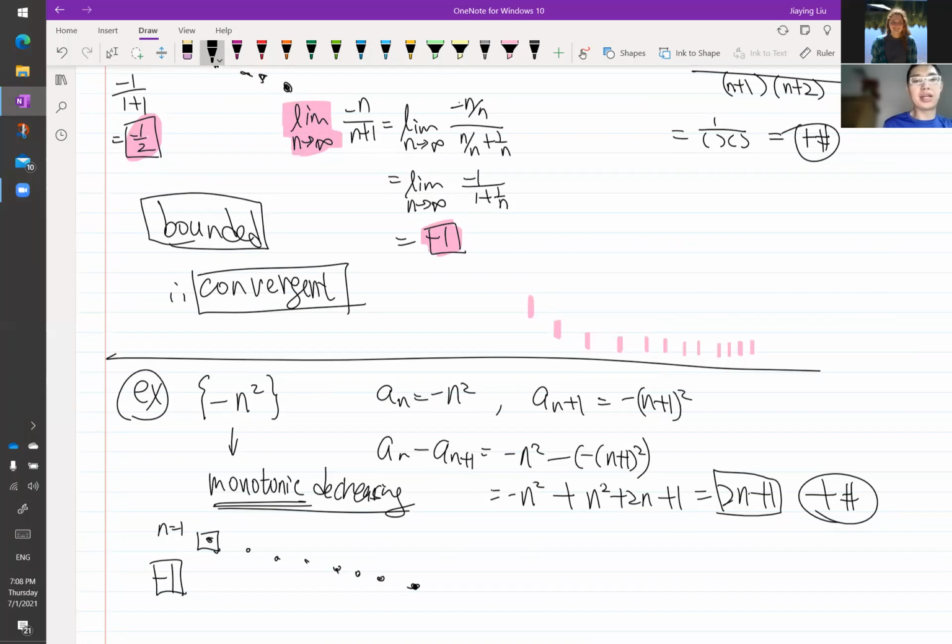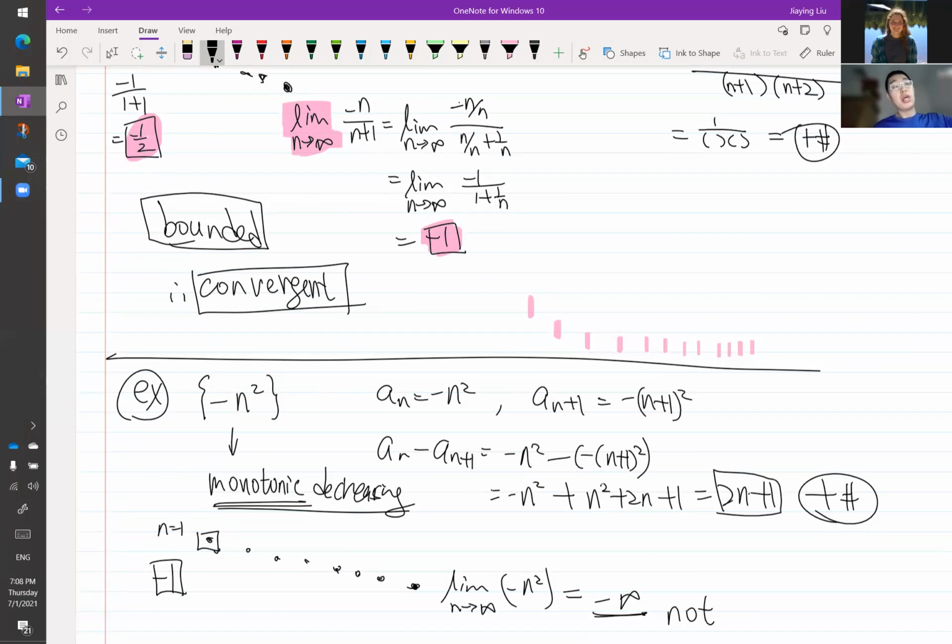What about the lowest value? Because it decreases, the lowest value is given by when n goes to infinity. What is the limit of this when n goes to infinity? Well, negative infinity squared, you get negative infinity. This is not a finite number, so it's not bounded.